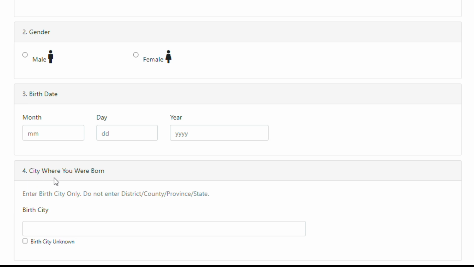And then we have the city where you were born. And here come problems, because the systems that are used in various countries differ. For example, in the United States, we normally use the term city to refer to any town in the United States.